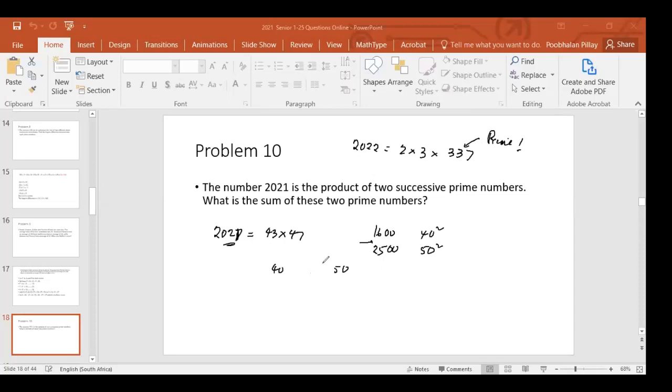And once you decide that, you'll get to that very quickly, because these are prime numbers. So we won't spend any time on that. But the idea is you can logically, using the fact that they are successive prime numbers, approximate what these prime numbers are, because they will be near each other, which means near the square root. The square root of this number lies between 40 and 50.